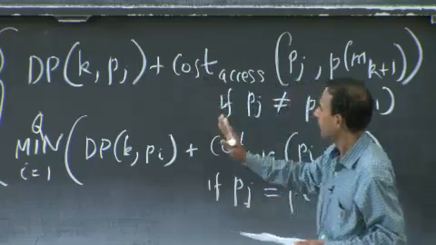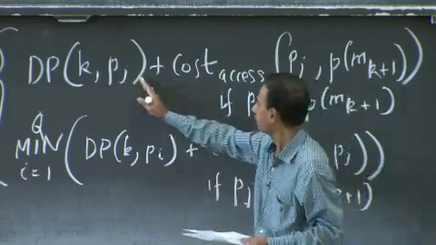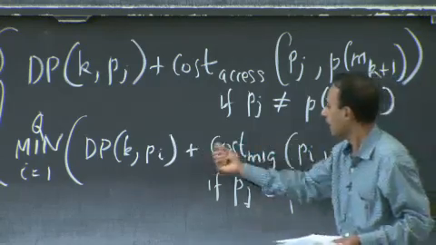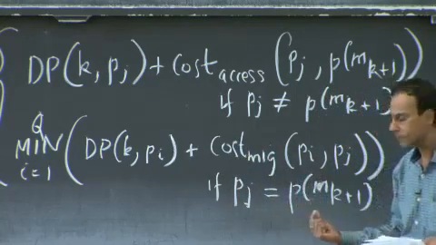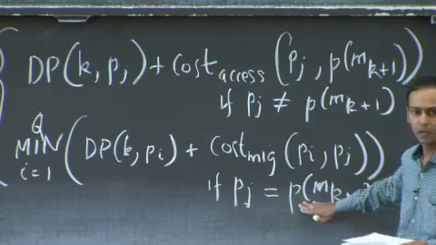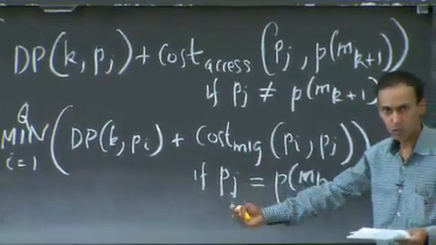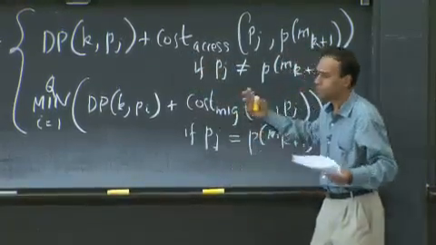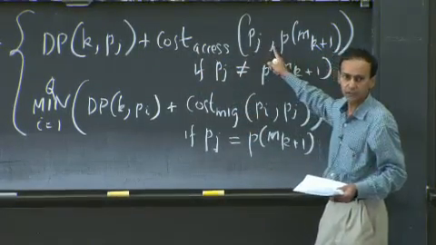What you've done is created a subproblem. It's optimum. And then you look at the two cases. Do you want to go migrate and do a local access? That's this case over here. Right? Migrate to the processor and do a local access there. That would be this case. And in this case, you stay where you are and do a remote access.